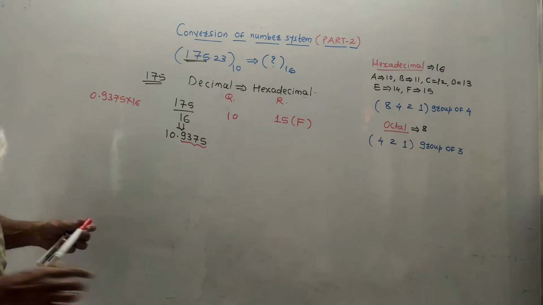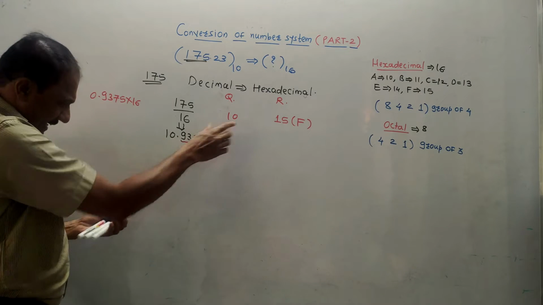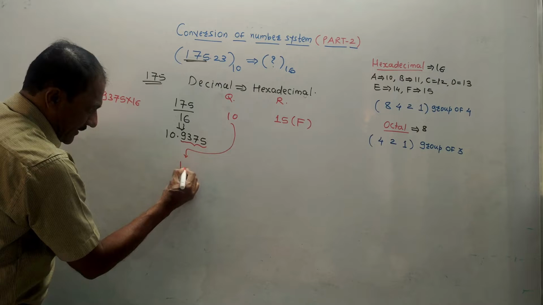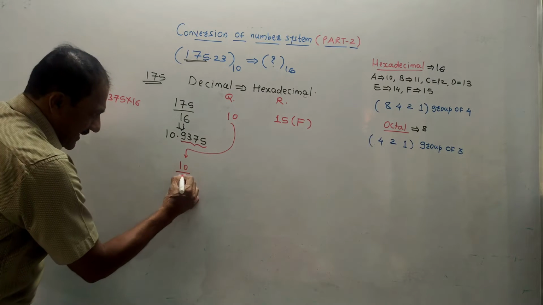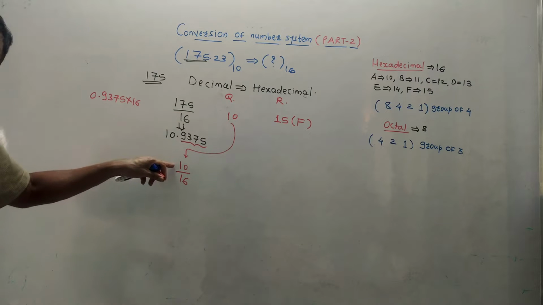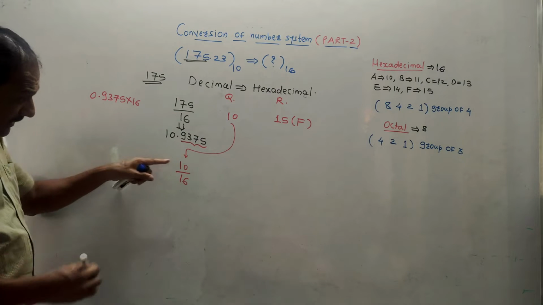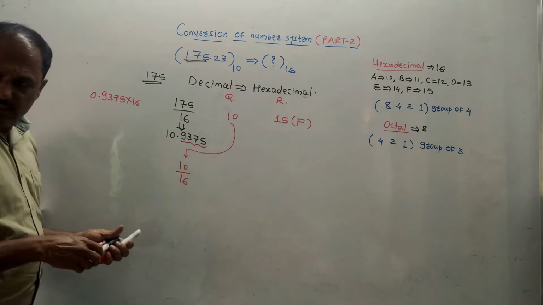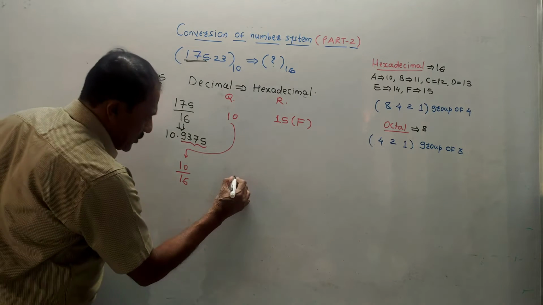Now, next thing, consider this quotient, that is 10, so I will write this 10 over here in the next step. Then divide it by 16. Every time, consider the quotient after one division and divide that by 16. But here, 10 is less than 16, so you cannot divide it ideally. So its quotient is 0.